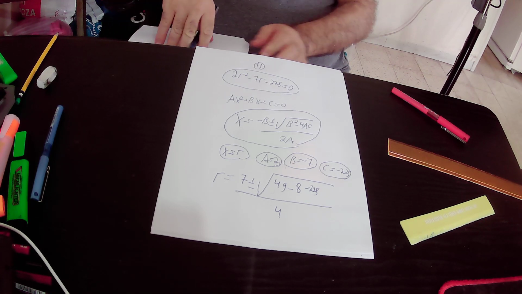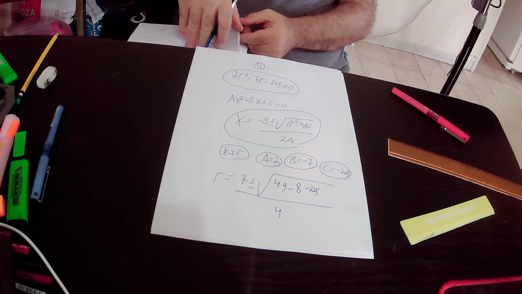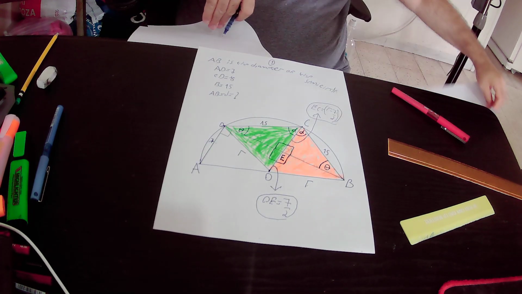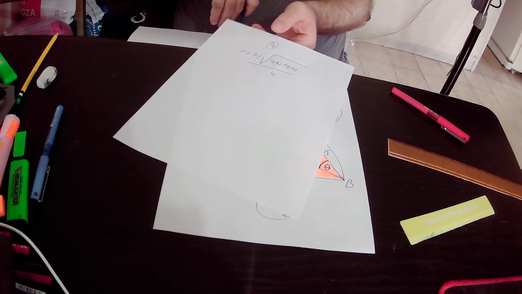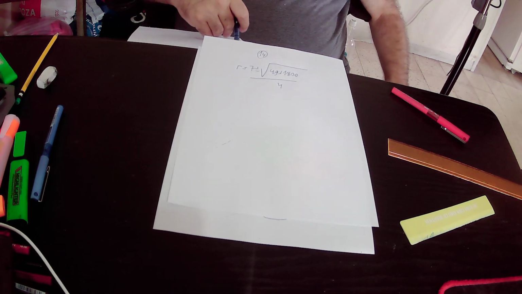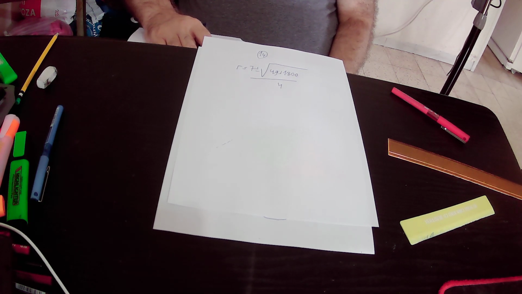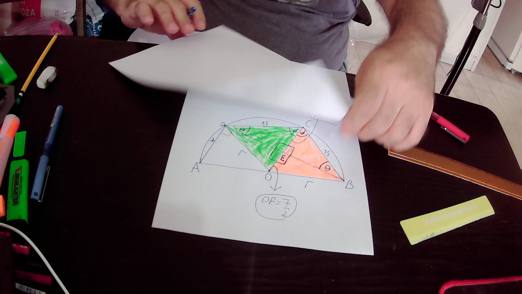Okay, so we got this equality that states that r equals 7 plus minus root of 49 plus 1800 over 4. 49 plus 1800 is 1849, so I write it down.